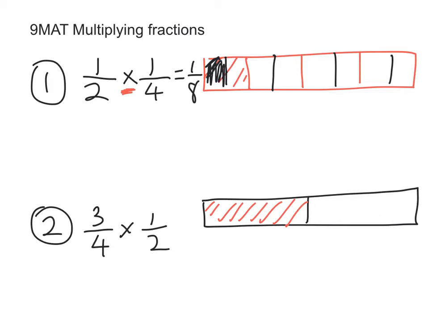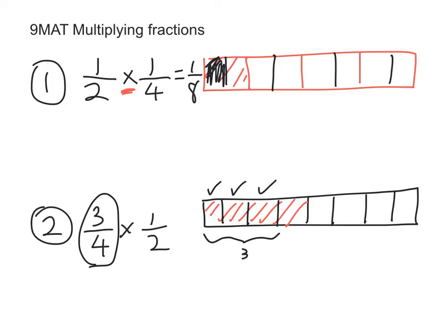Let's now work out what happens if we divide each half into 4. We're looking for 3/4 of 1/2. So we want 1, 2, 3 of those 4 pieces. Altogether, that means we've got 3 pieces out of 8 pieces. So this one is 3/8.